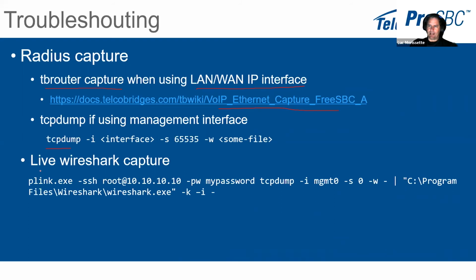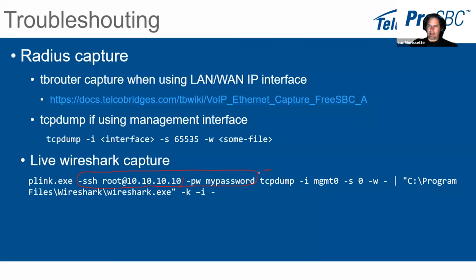There is a tool that you can use called PLink to do a live Wireshark capture. This tool is provided by the same team that did PuTTY. It basically does an SSH connection on the server with the password, so you need to have SSH access to the system.